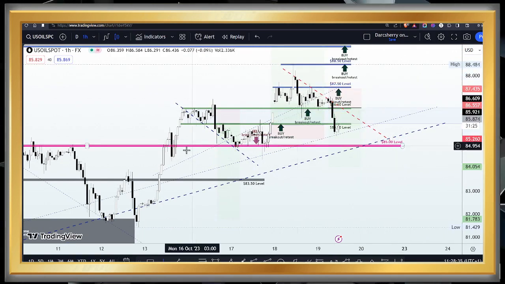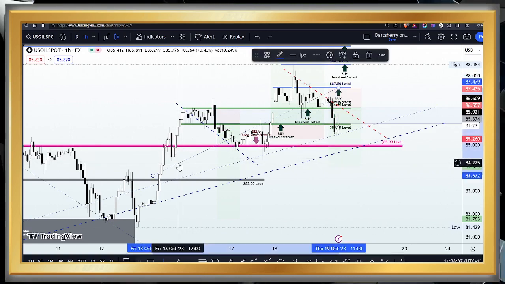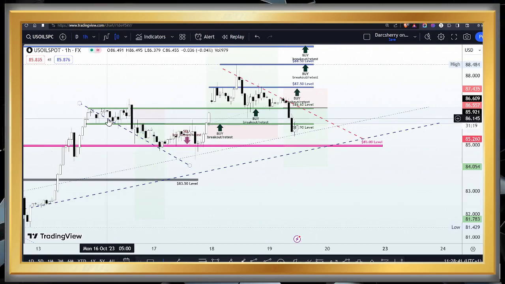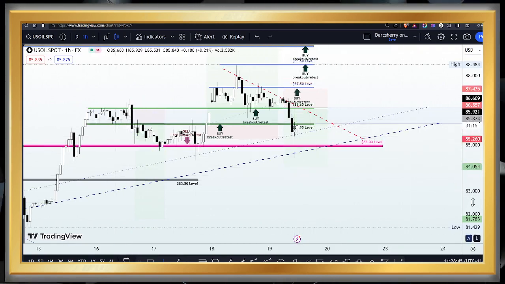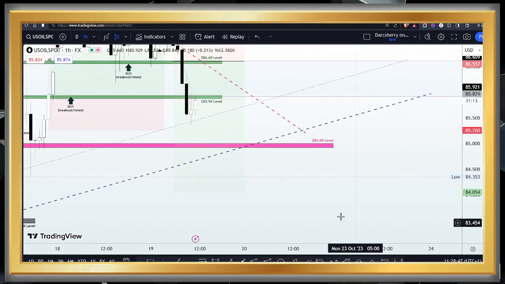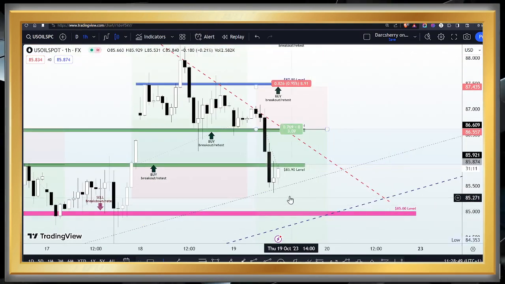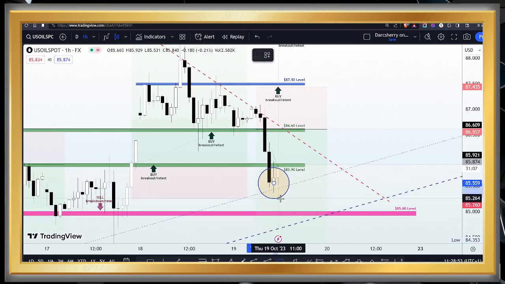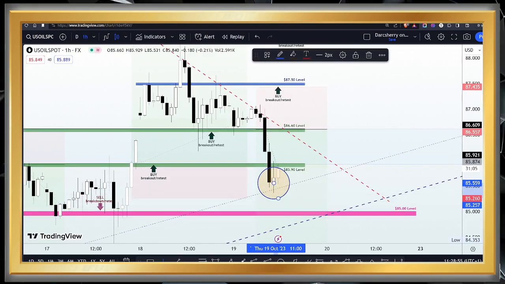So I would like to delete all these ones as they are no longer relevant based on the current structure we have right now. The fact that price still remains above the ascending trend line, let's zoom in and see what is going on here. You will see that in the last 3 hours, price tested that ascending trend line and we begin to notice the emergence of buy pressure around this area.